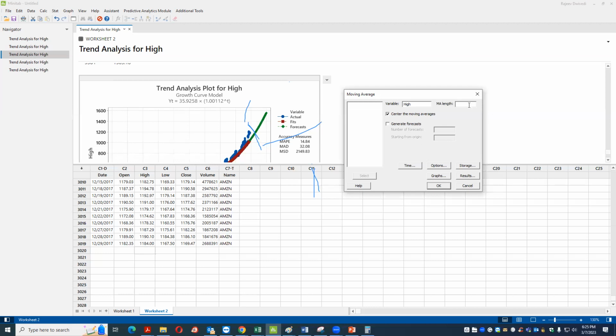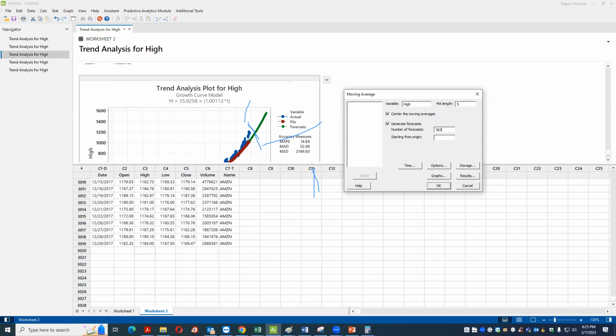What is the moving average? 4, 5. What does 4, 5 mean? They take the average of the last 4 or last 5 values and generate the next forecast value. So let's say I'm just going to do 5, and generate a forecast for the next, let's say, 20 or next 365.